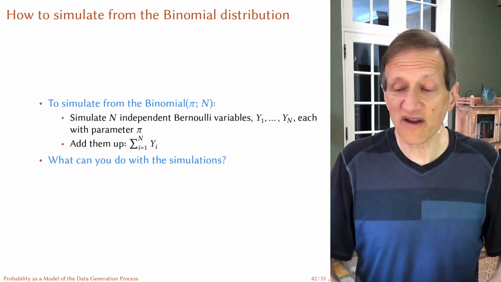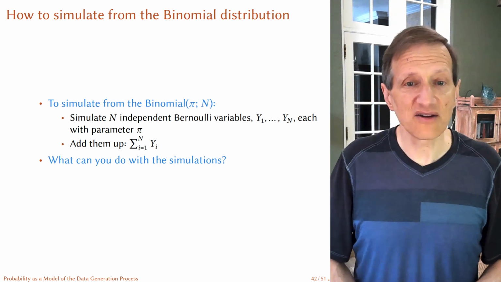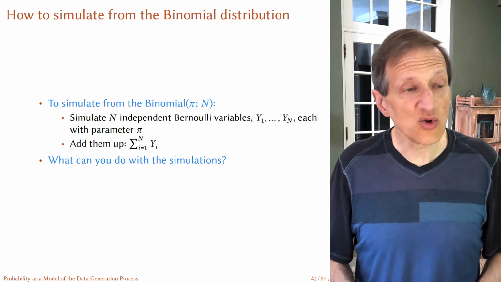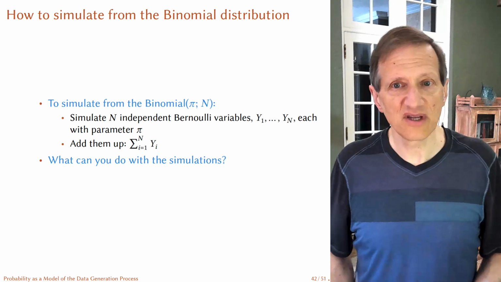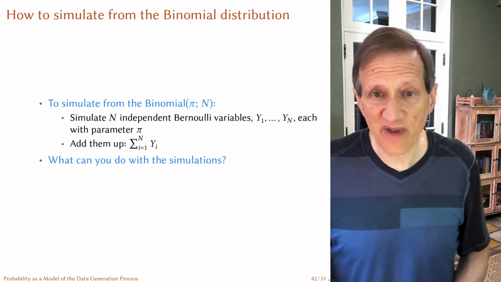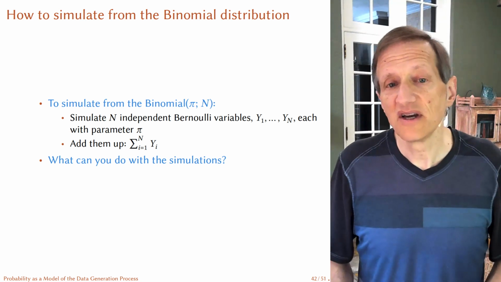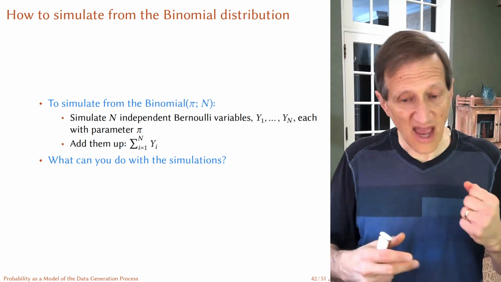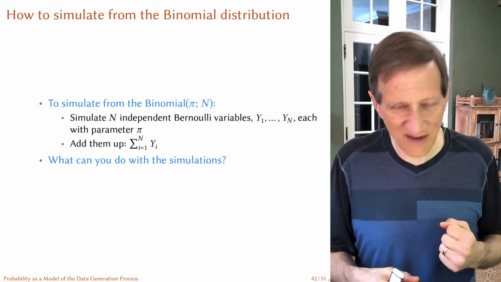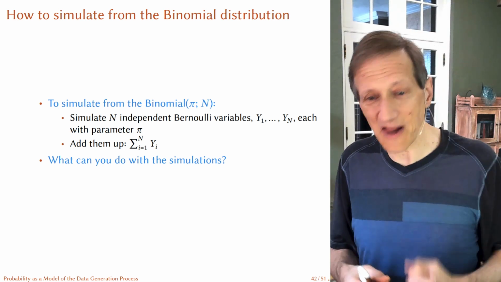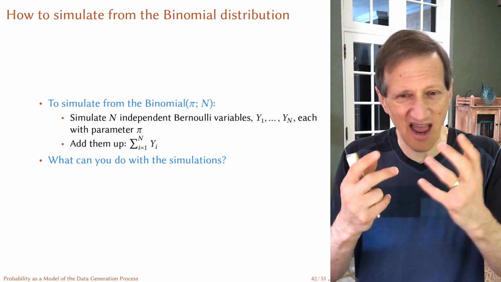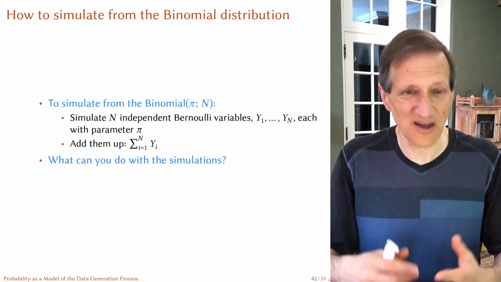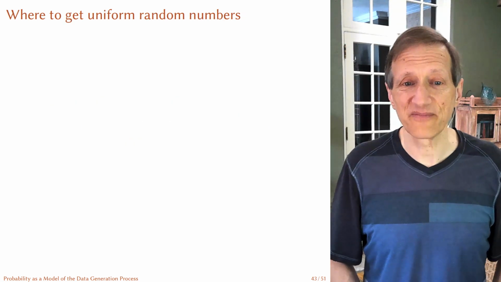Or if you use this to model something like the number of days in the last week that you read the newspaper, and you want to calculate the probability of having read the newspaper at least 3 of the 7 days, you could calculate that by taking random draws and calling it a success if it was at least 3, and a failure if not, and then averaging, calculating the fraction of those successes, and then we have that probability estimated.